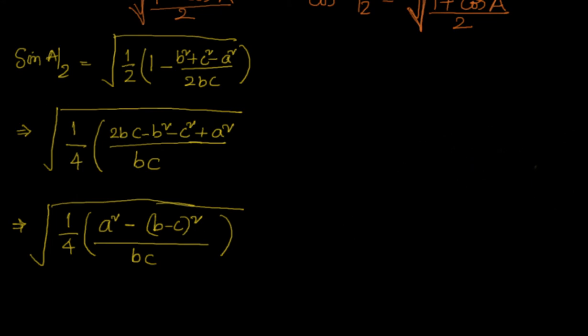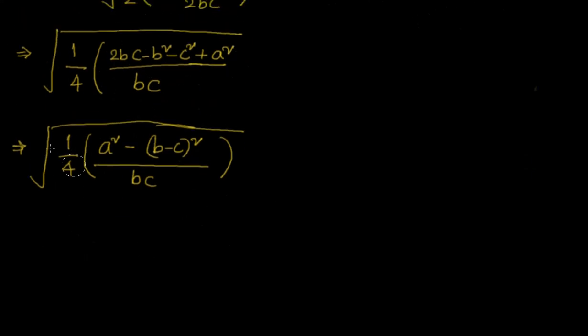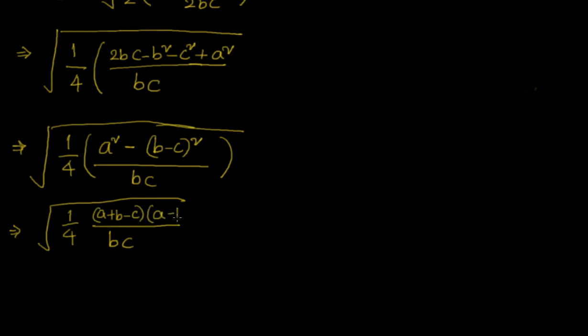Okay, let's come back. Now what is this? This is nothing but equal to square root of 1 by 4 into, I have BC here, then I will have A plus B minus C into A minus B plus C. That's nothing but equal to 1 by 4 into 1 by BC into, let us see what I have here.